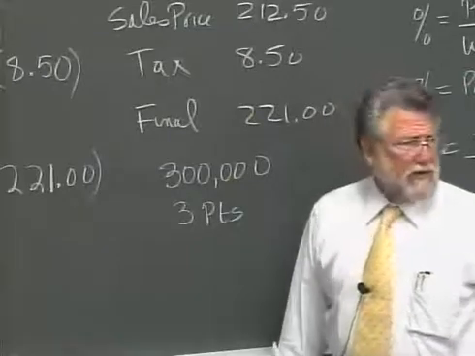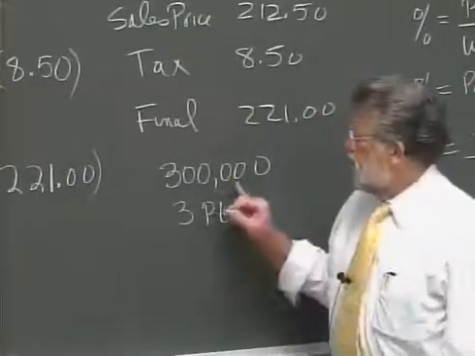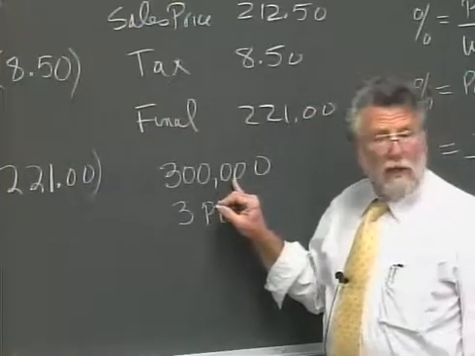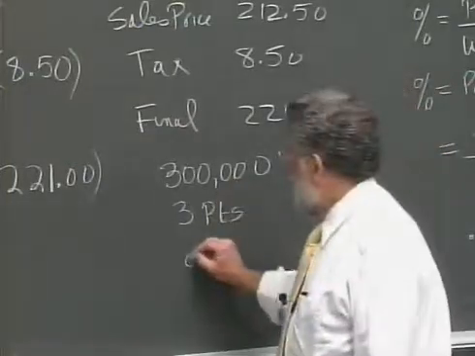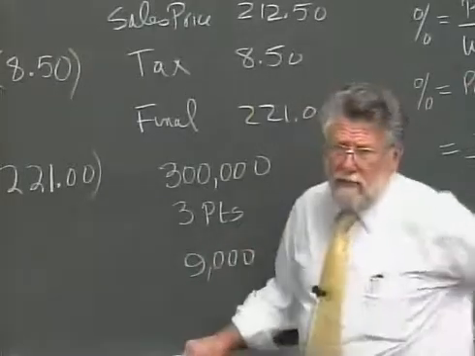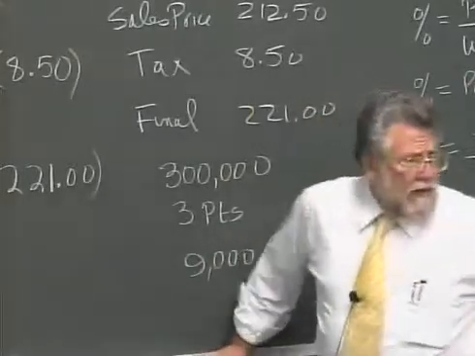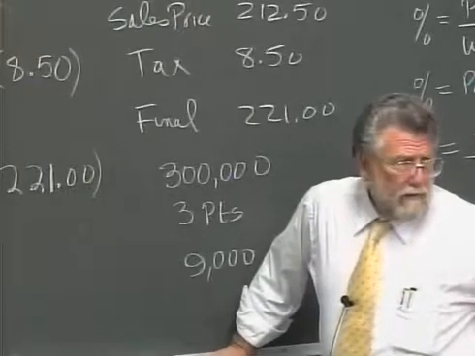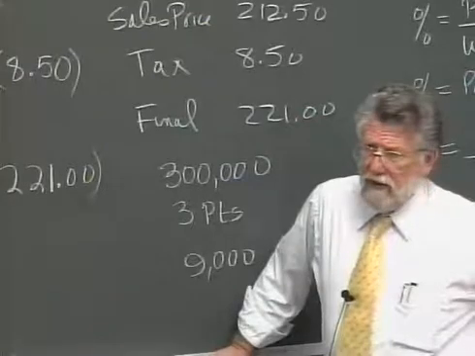How do I get the 1%? Move the decimal 2 places to the left. 3,000 for 1%. So your 3% will be $9,000 that the seller agrees to pay, which means you've already reduced the price of the house and then you're giving away more money just to sell the house.